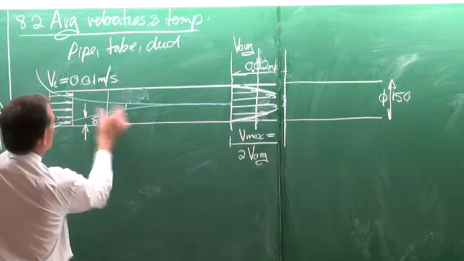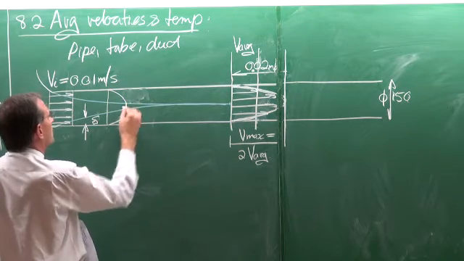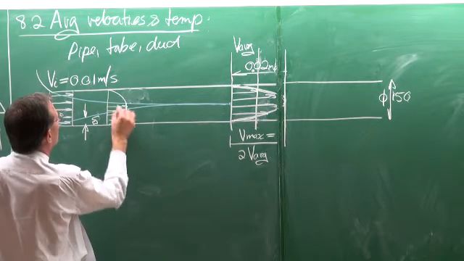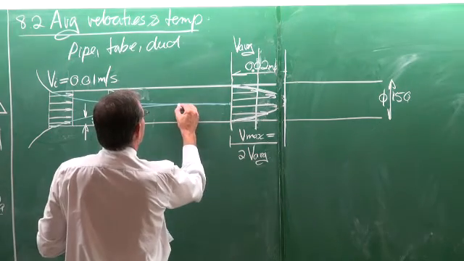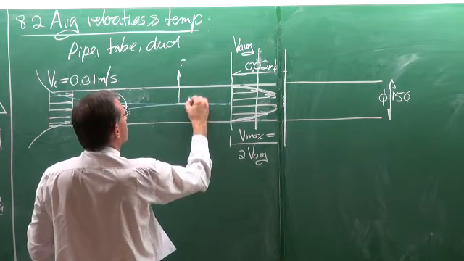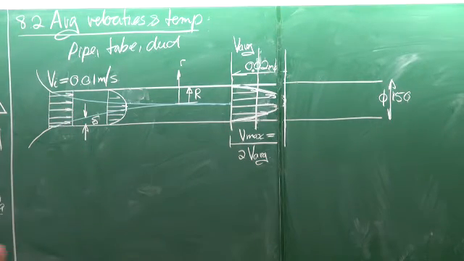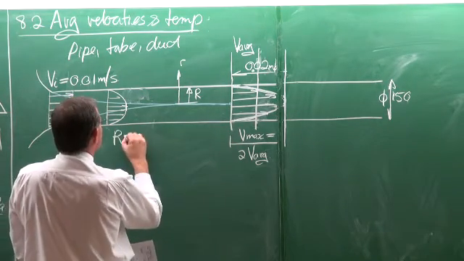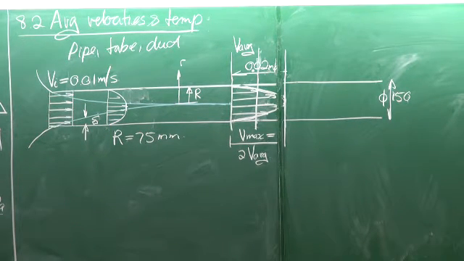So here it will still develop, and you're going to have a boundary layer that typically looks like that, a velocity boundary layer. Okay. But at the end, it has to be squeezed so that we end up with the boundary layer looking like that. Right. Now, in terms of terminology, what I'm going to do is, that is going to be r from the center, and the radius of the tube is going to be capital R. So capital R is equal to 75 millimeters. You agree?